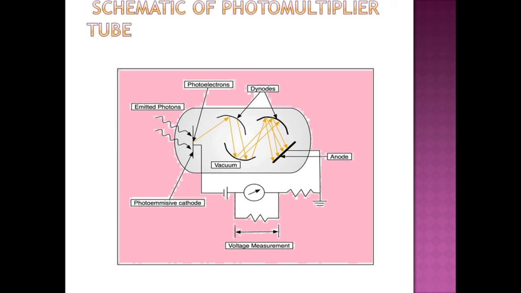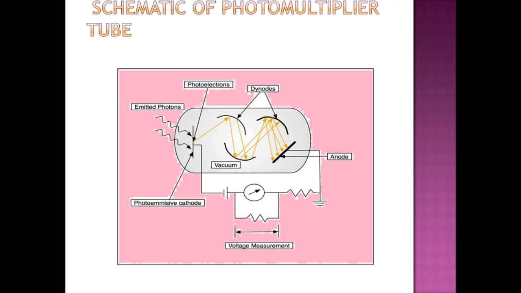First, electrons are attracted toward the photocathode, then passed toward the first diode, then the number of electrons increases from the first diode to the second, then the third, and like this the number of electrons keeps increasing.